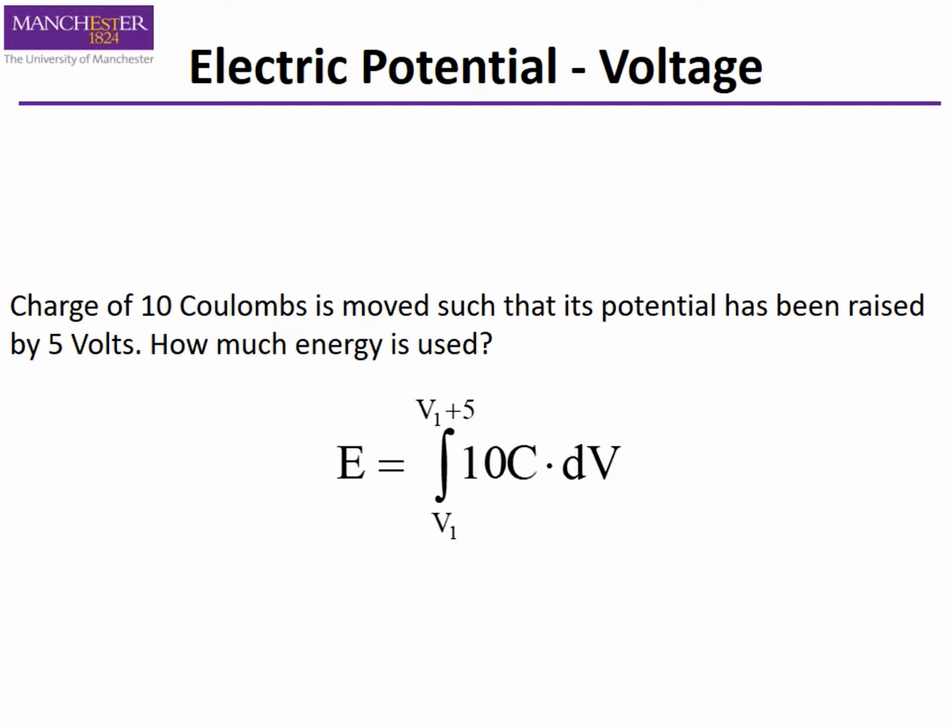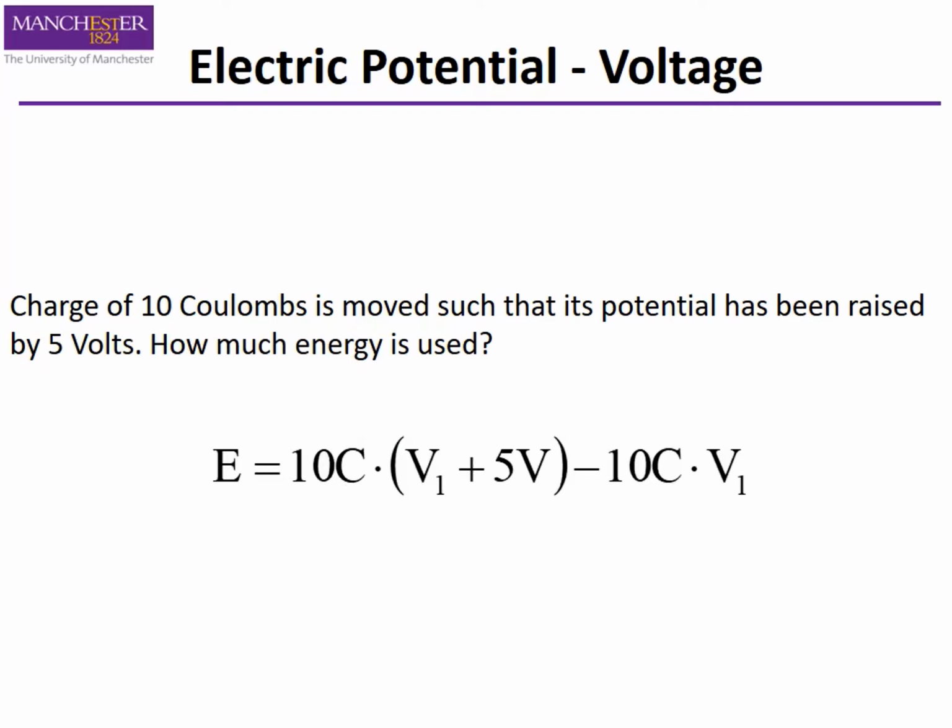So now we essentially integrate the expression for the charge as we move through the electrical field, but because the charge is constant and independent of the voltage, we simply multiply the voltage by the charge between V1 plus 5 and V1. So we get 10 coulombs multiplied by V1 plus 5 minus 10 coulombs multiplied by V1.